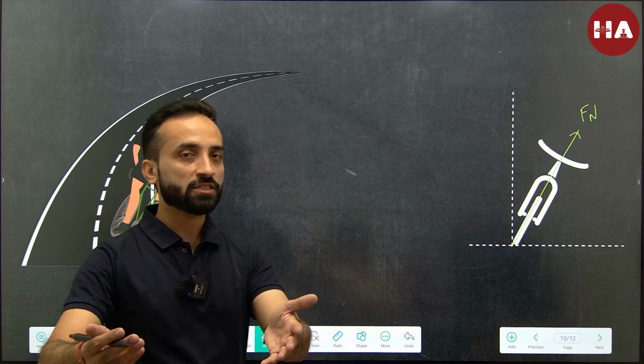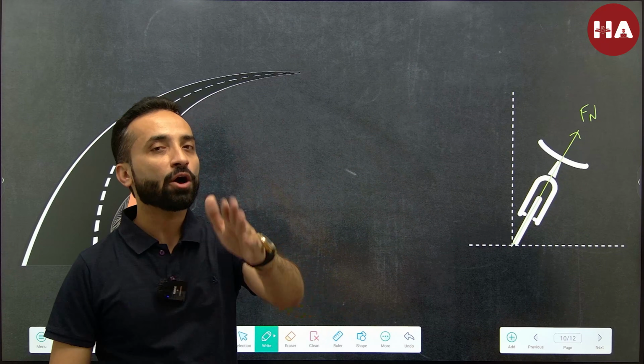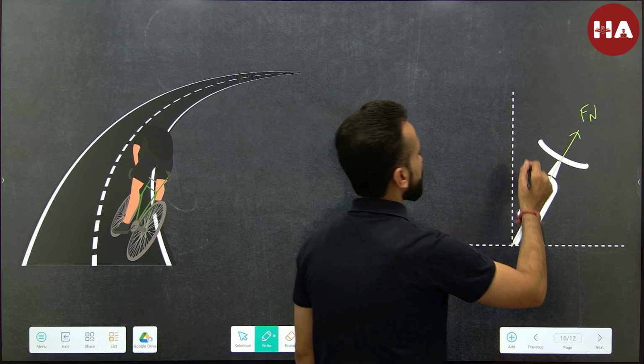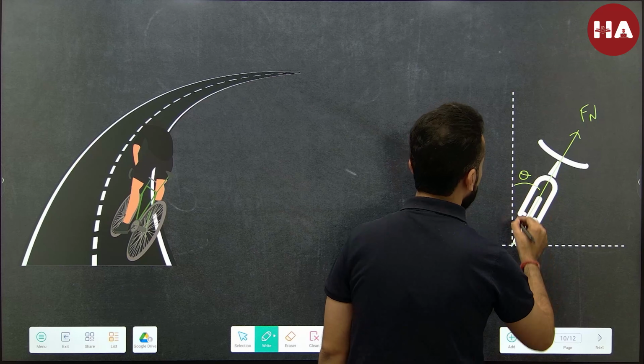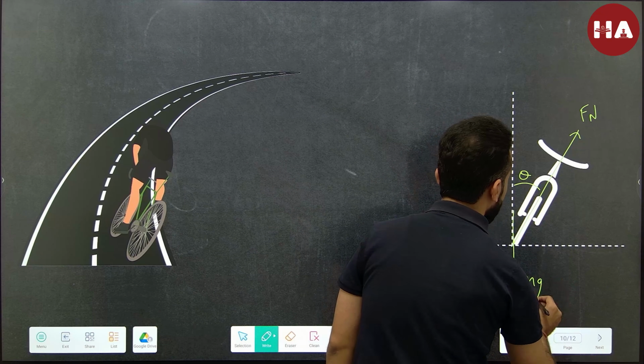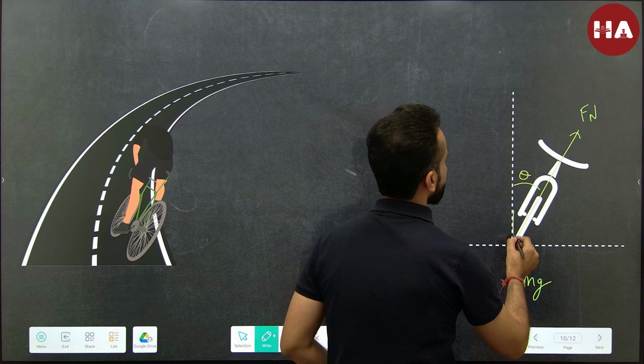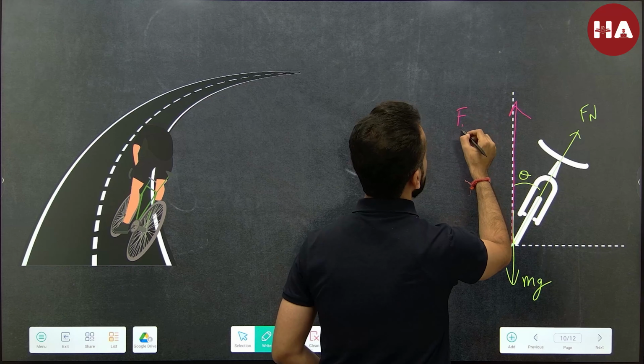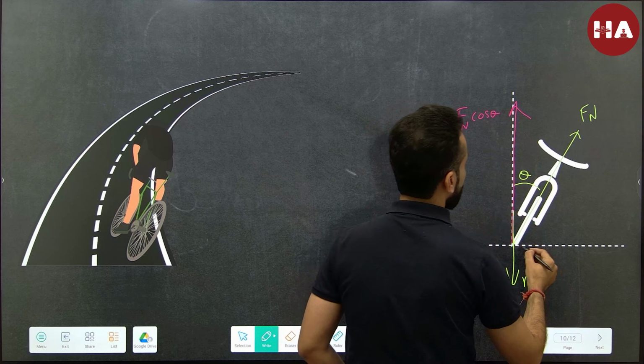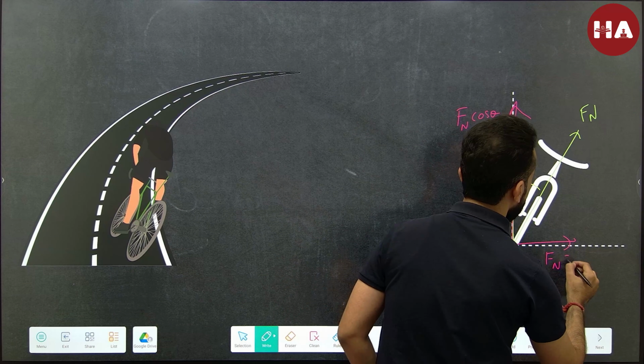The friction is of course there, but now this normal contact force is also tilted, and that is why you can have the two components, mg acting downwards and then let's say Fn cos theta, and this is going to be Fn sin theta.